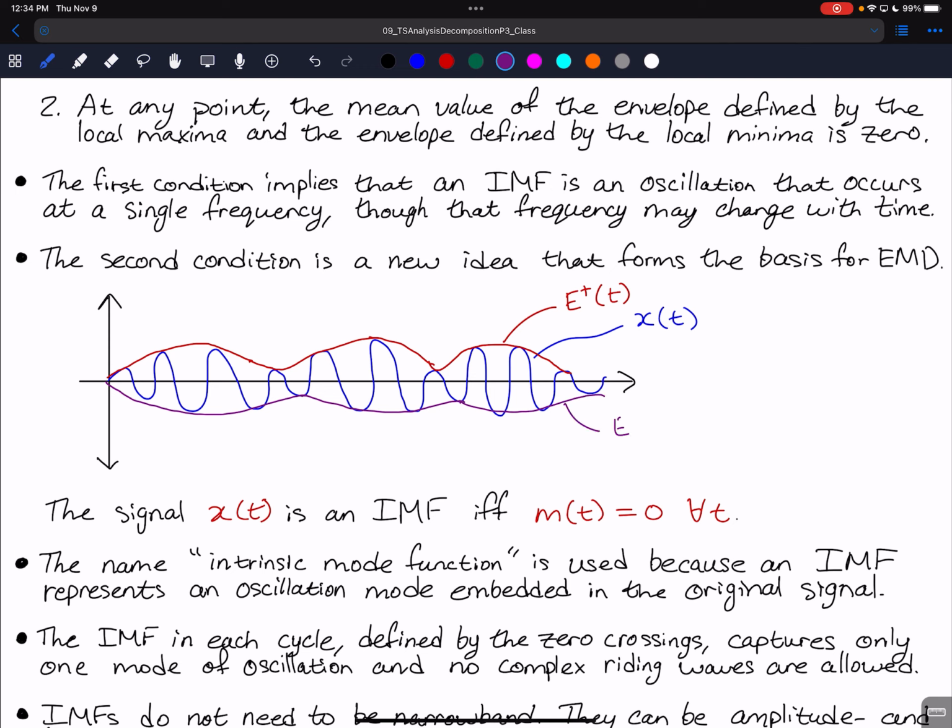You can call that E minus of t. Their mean value must be 0 locally. So they won't necessarily always be exactly 0 at a particular point in time, but in terms of a mean value, that will be 0. We'll call that little green line that I just drew M of t.